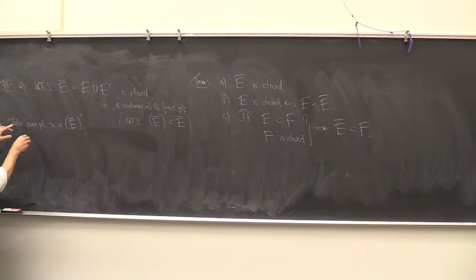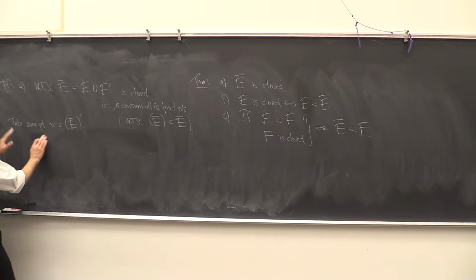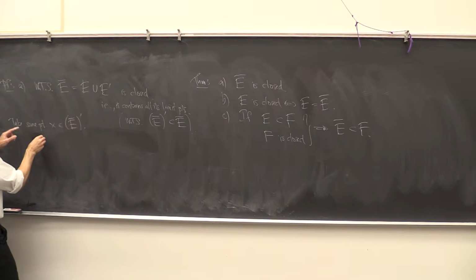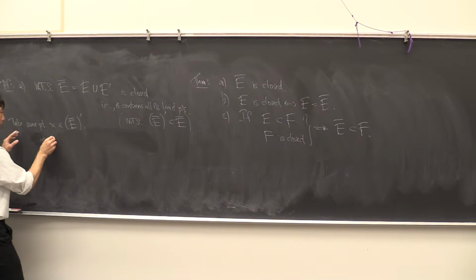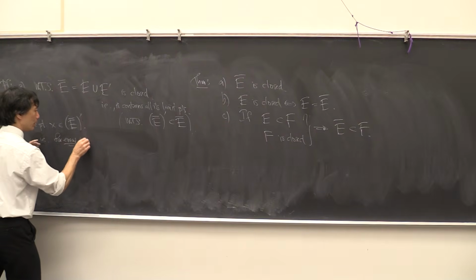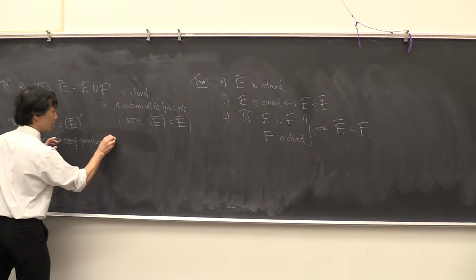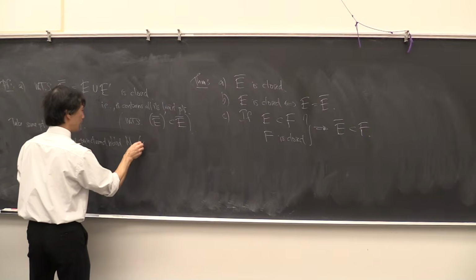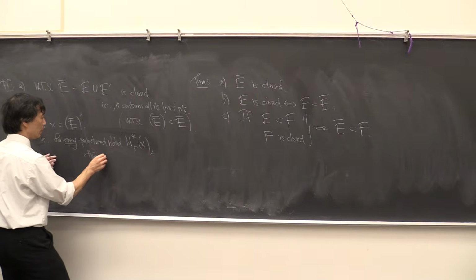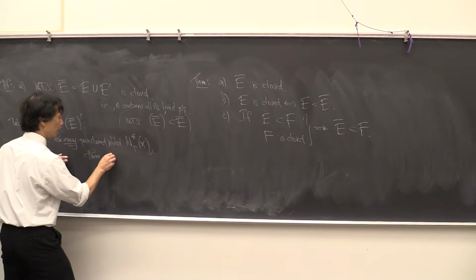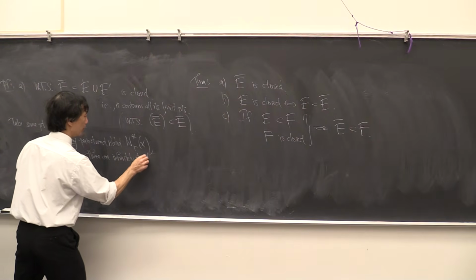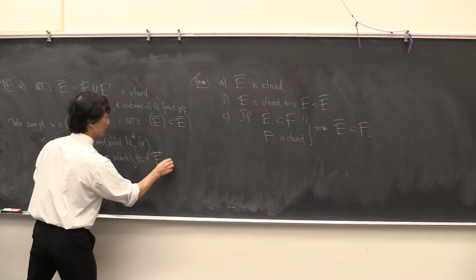Okay, so we want to show, right? So now we know that, okay, take some point that's a limit point of E bar. In other words, for every punctured neighborhood of x star, there are actually infinitely many points of E bar in it.